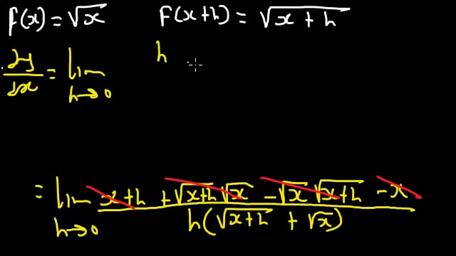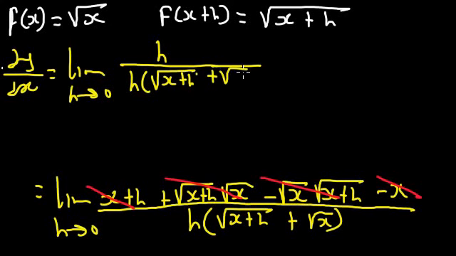So we now have h divided by h multiplied by root of x plus h, then plus root of x. So now h cancels out.